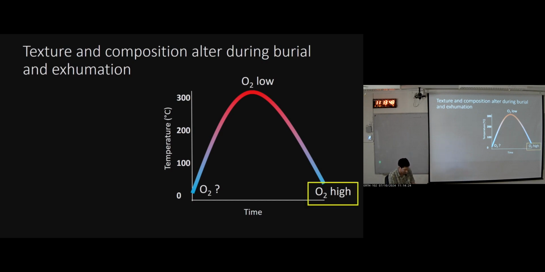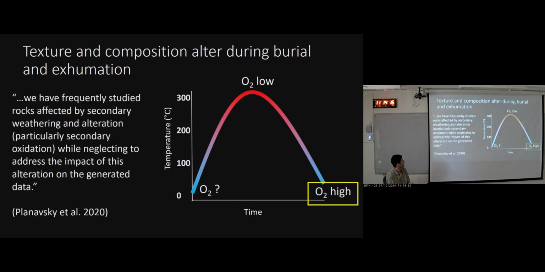And this last stage, and processes that are associated with alteration at modern or nearly modern surface environment, like weathering that happens in the modern atmosphere, can imprint these rocks with basically a false positive oxygenation signal, right? And this problem is basically haunting this field and has been acknowledged very nicely by Noah Planavsky in a paper from 2020.